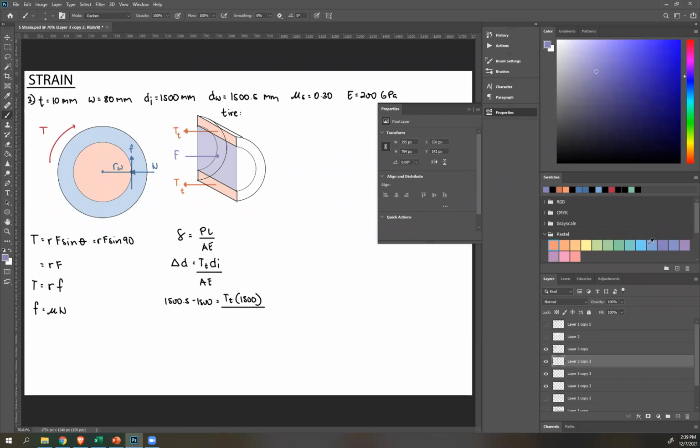And let's just finish the drawing. Tire, thickness 10, so this is that 10. Width 80, so this is 80. And then inner diameter 1,500. Now, what's the cross-sectional area? What's A?